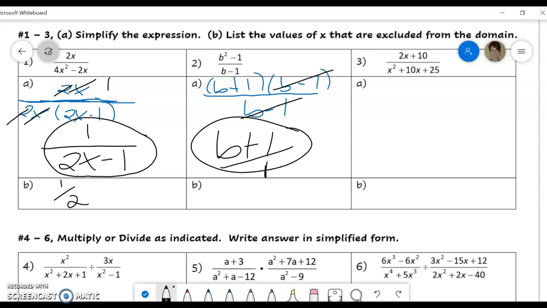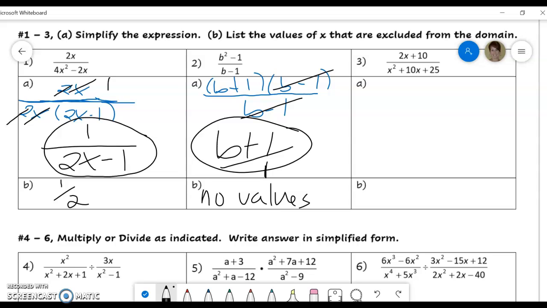So there are no values that are excluded. I almost forgot. Now you can write that final answer as b plus 1, but I put it over 1 to show you that the denominator is actually just a number. And because b is not down there, we don't have to worry about ever dividing by 0 because we're always going to divide by 1. So there is nothing excluded from our domain.